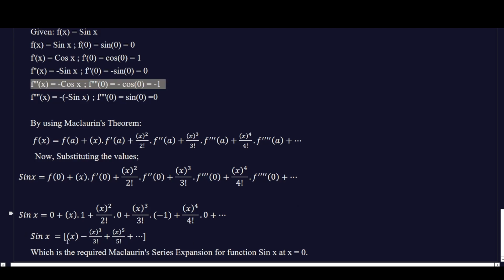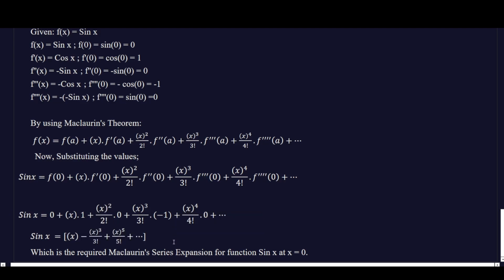If we arrange this equation, we get sin of x equals x minus x cube upon 3 factorial plus x raised to the power 5 upon 5 factorial plus dot dot dot, and so on. This is because the first term is 0, and the third term will also become 0, and likewise the alternate terms will also be 0. The series will continue like this.